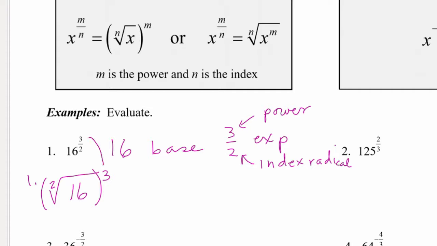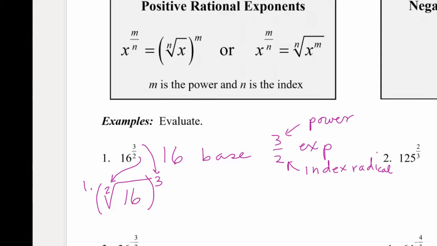So that comes from here, right? The index went there, the power went here, and 16 is the base. So we could actually evaluate this in our heads, although I am going to show you how to use the calculator. The 2 is the index on the radical, the 3 is the power, 16 is the base.